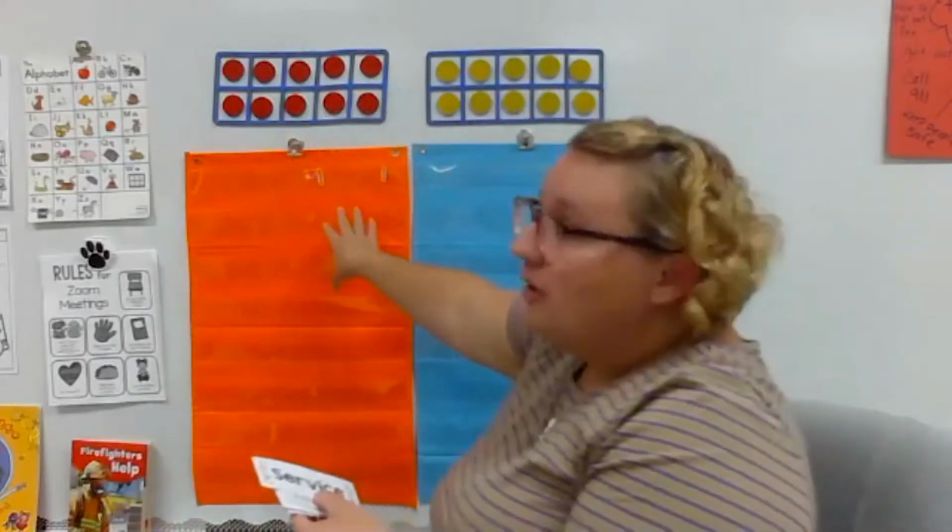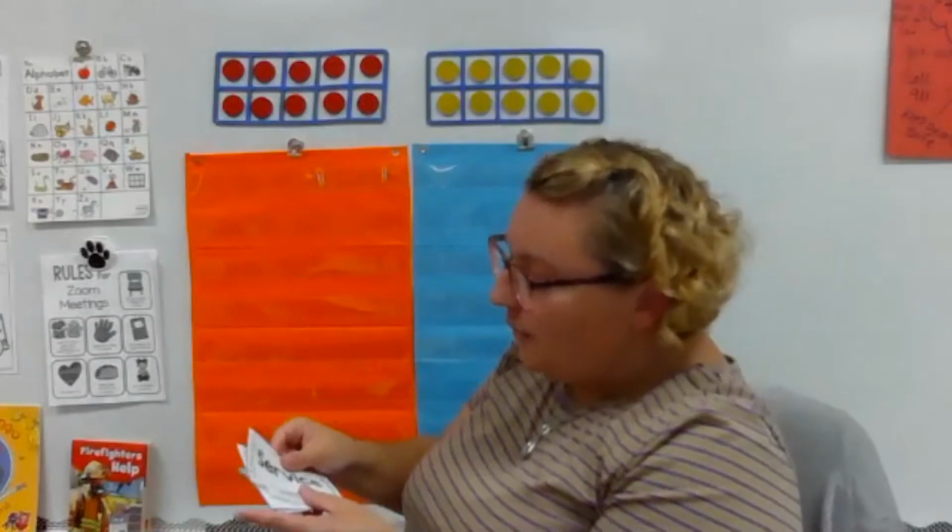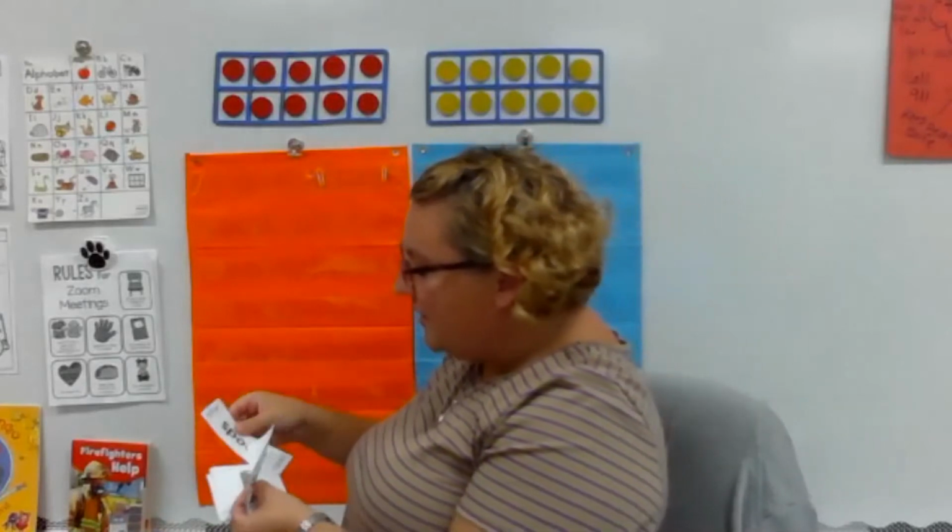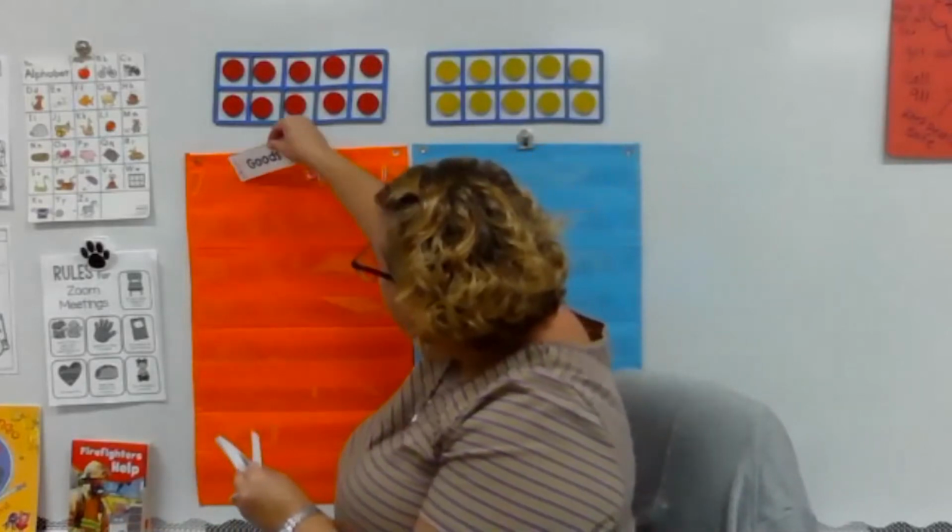All right, so the next thing that I want to talk about is, well, what is a good and what is a service? So I have a little sort that I'd like to work on with you, okay? So over here on my orange chart, we are going to put the word goods up here.